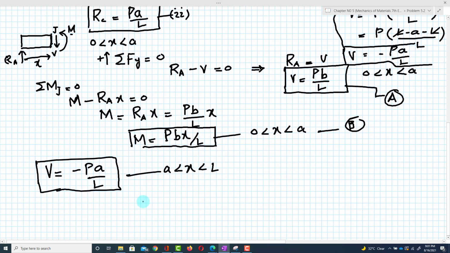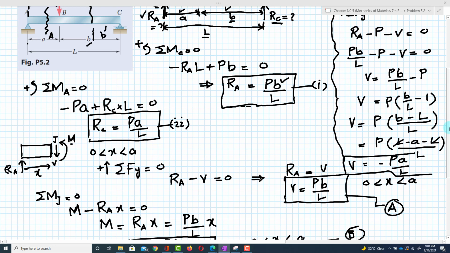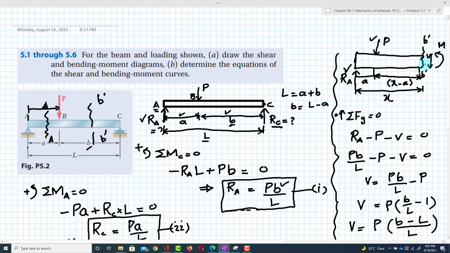Now we will find the bending moment equation. So for the bending moment M at any point, if this is point O, moving back upward to this equation, the moment about point O will be equal to 0. I will write it for understanding purposes. Moment at point O is equal to 0, taking counterclockwise as positive.